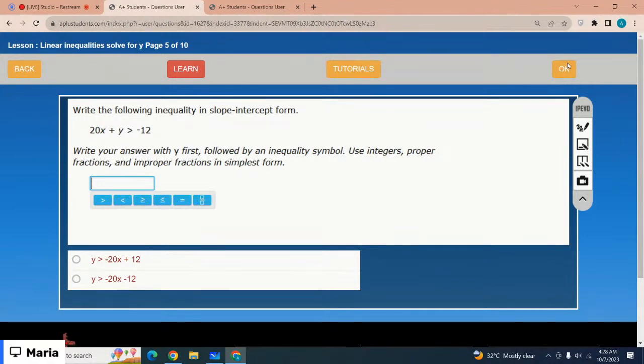Write the following inequality in slope intercept form. Which is the correct option? The correct option is option number 2, right?